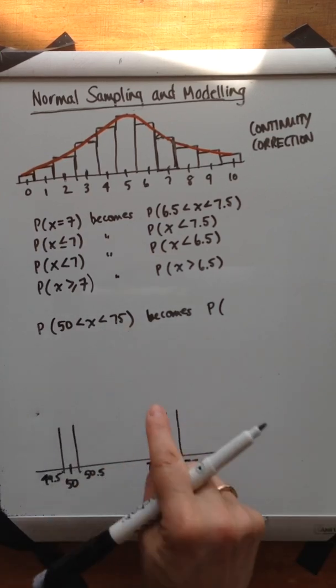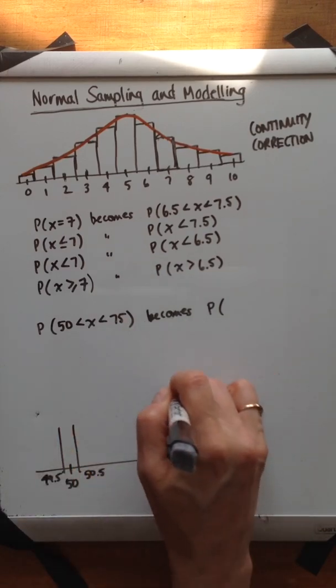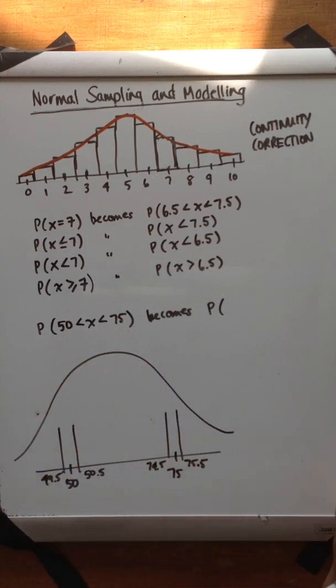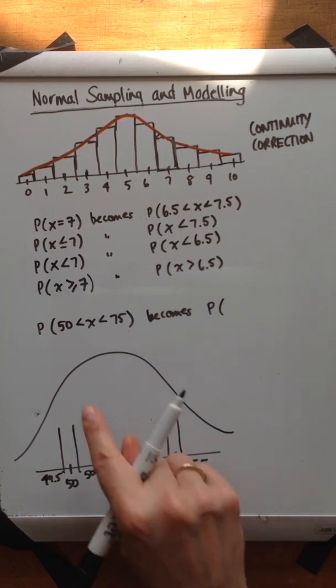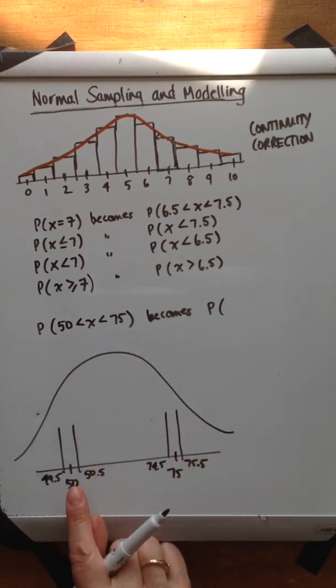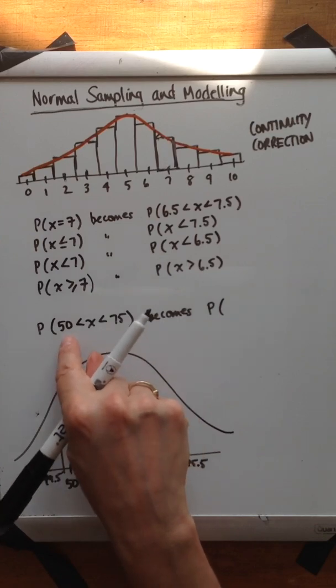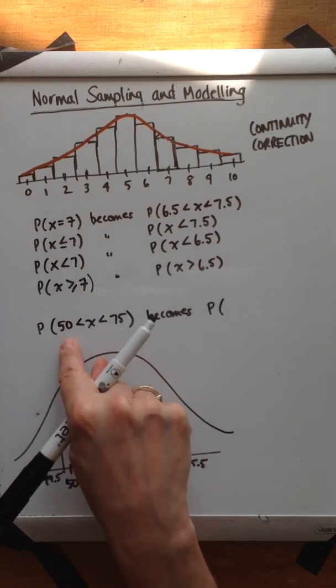In this scenario, where are my start and end points for the range under some sort of normal curve? Well, does the number 50 have to be included here? Does 50 have to be in it? The answer is no, okay, because x has to be, if you want to read it this way, greater than 50.